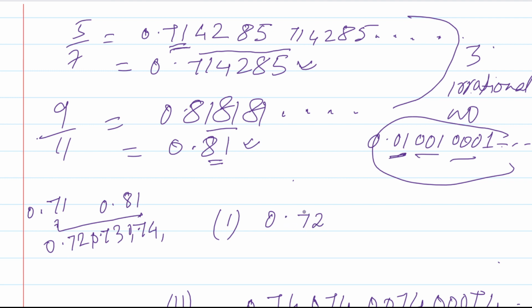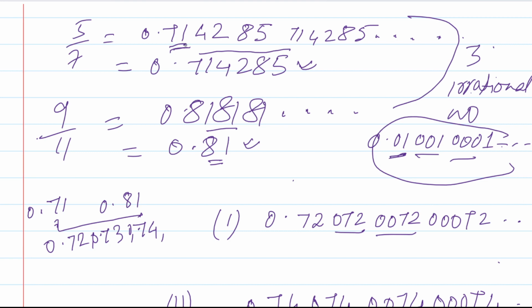After 0.72, so as not to make this repeat, I can take 0.072, again 0.2072, 3, 1, 2, 3, 7, 2. So like this it will keep on going.